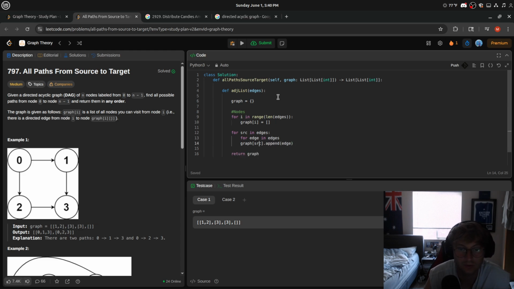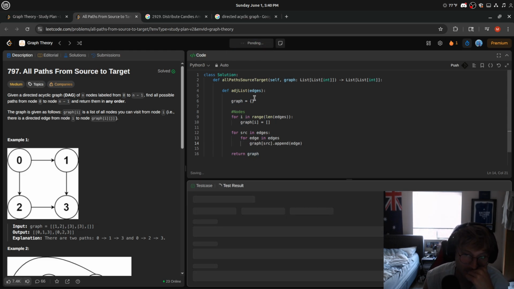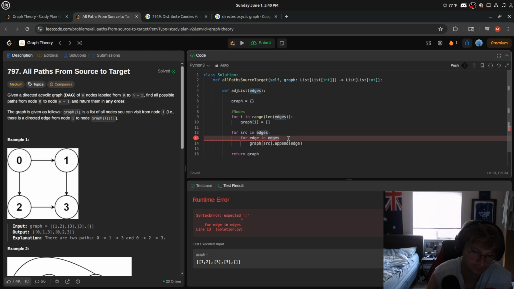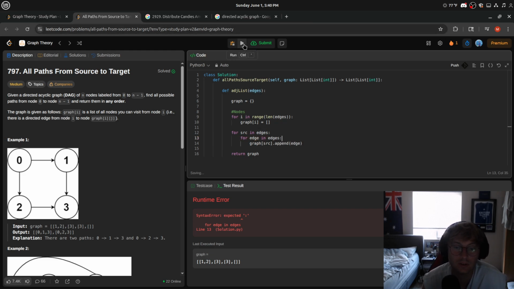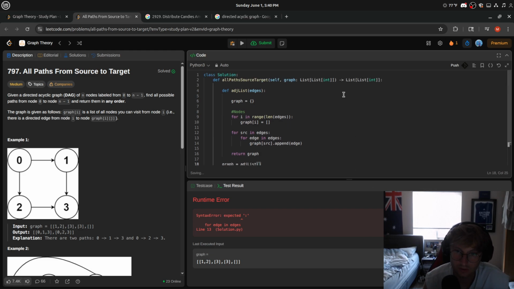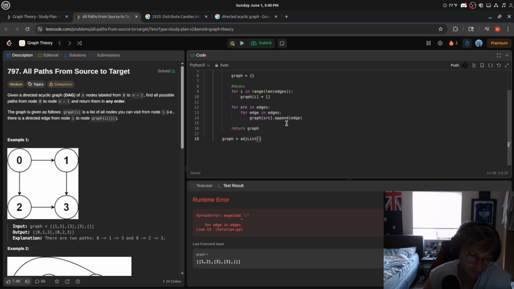Return our graph. This needs to be indented a little bit. Let's do adj_list is equal to that.